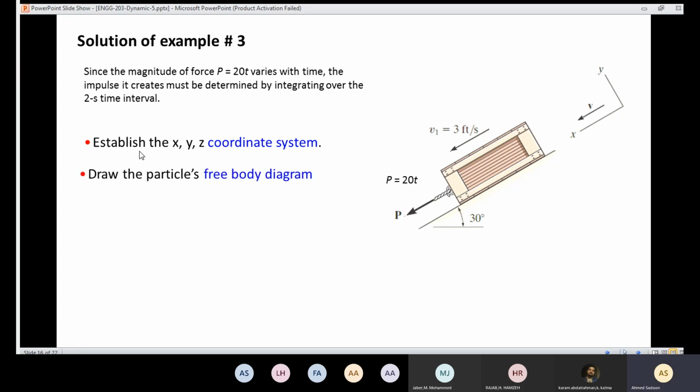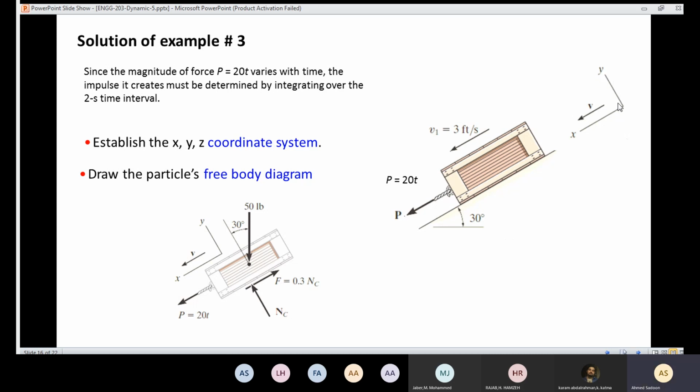Then I need to draw the particle's free body diagram. It's easy, we'll learn how to do that. Here we have the weight, which acts down. We have the normal force perpendicular to the plane, the frictional force tangent to the plane, and the applied force.